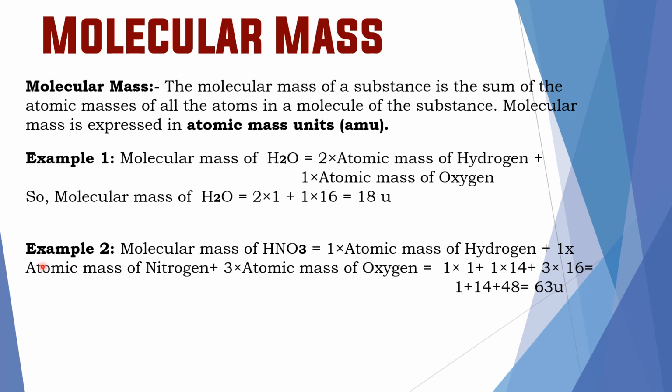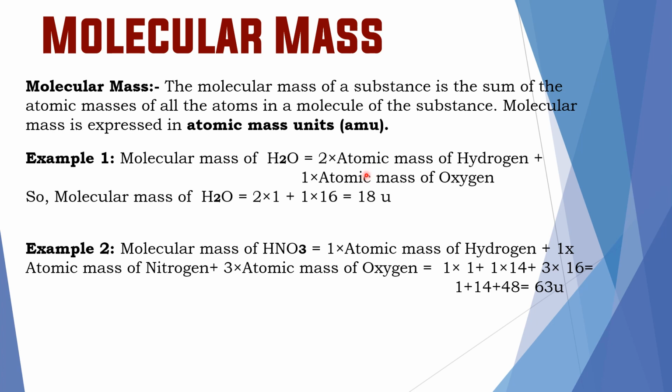Now we see example 2. We will find the molecular mass of HNO3. HNO3 is nitric acid. Which are the elements here? 1 hydrogen atom, 1 nitrogen atom, and 3 oxygen atoms. That is HNO3.